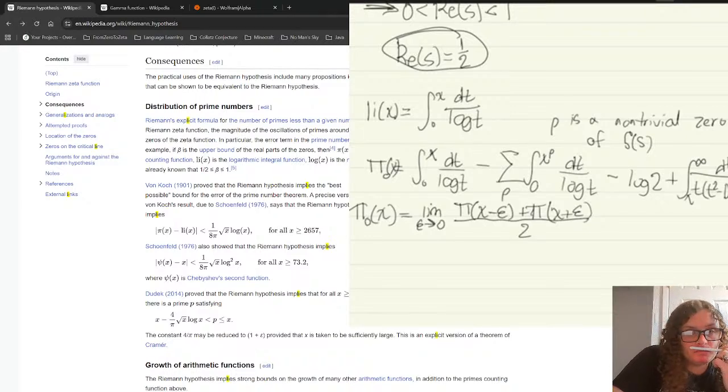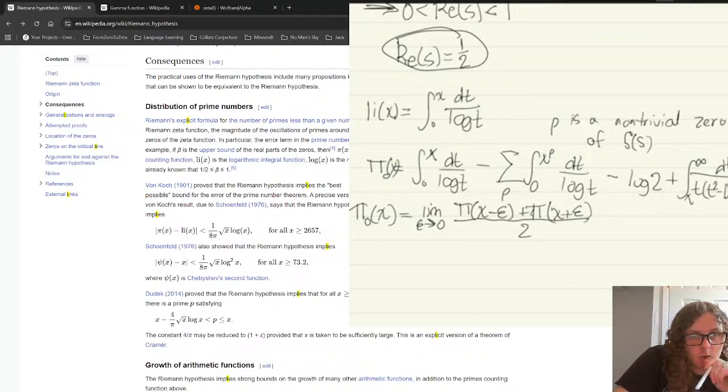we have an expected position for where the primes are going to be, and then the real parts of the zeros of the zeta function tell something about the magnitude of how far away from that expected position they will be.